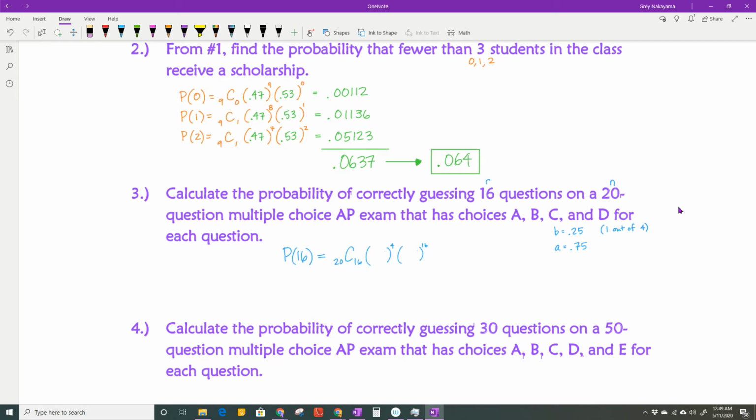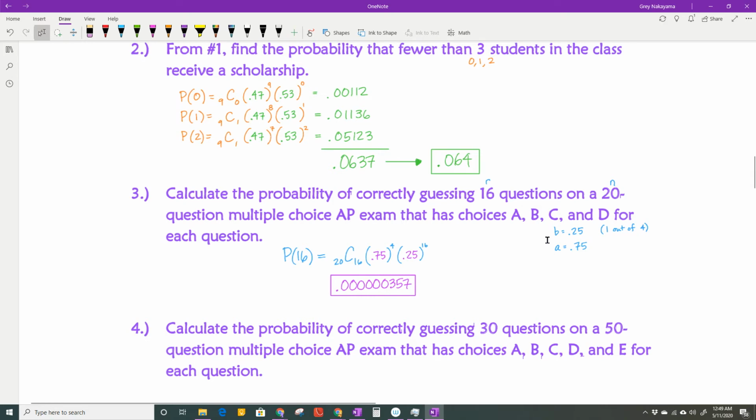So when I apply my combination rule, r was 16. My second parentheses is 16. That's my success rate of 0.25. Failure rate is 0.75. Put it in your calculator, and you get a really big decimal. So if it comes out to that, obviously I don't want you to round it to 3 places. So just write the whole thing out there. Just make sure you pay attention to the directions when you take your quiz.